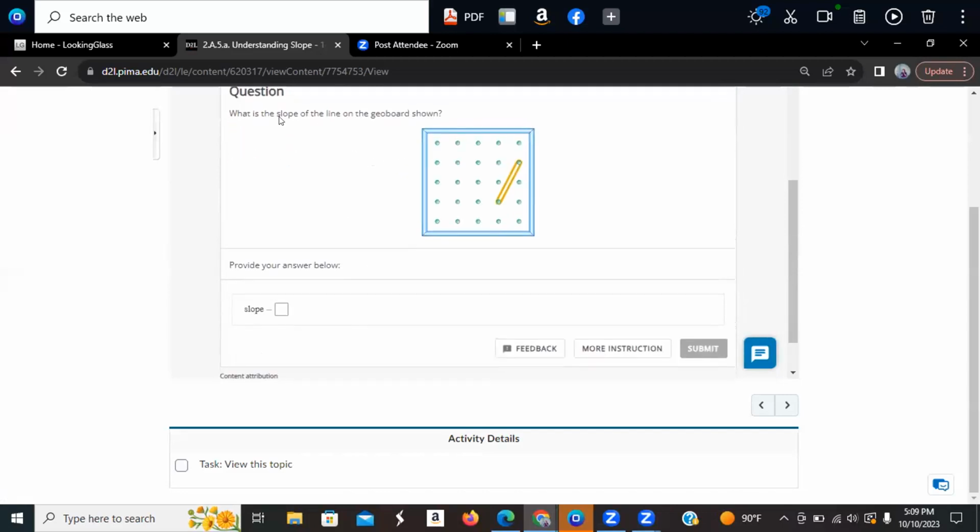All right, so why don't you try this one on your own? I'll check your answer before you enter it. It's the rise over the run. It's the amount up and then the amount right. Is it clear what I'm asking you to do, or do you want me to share my screen?